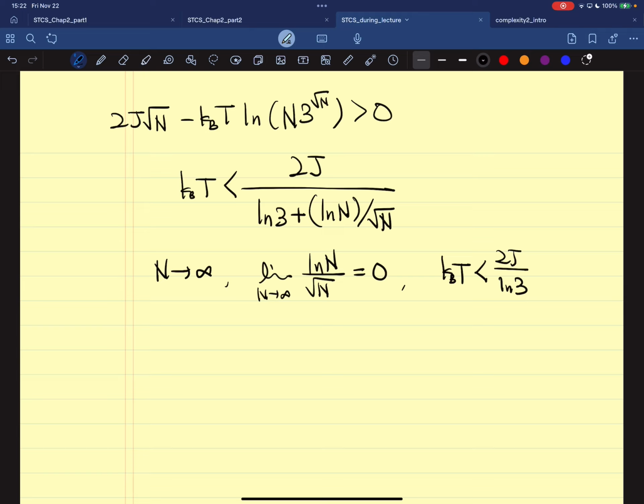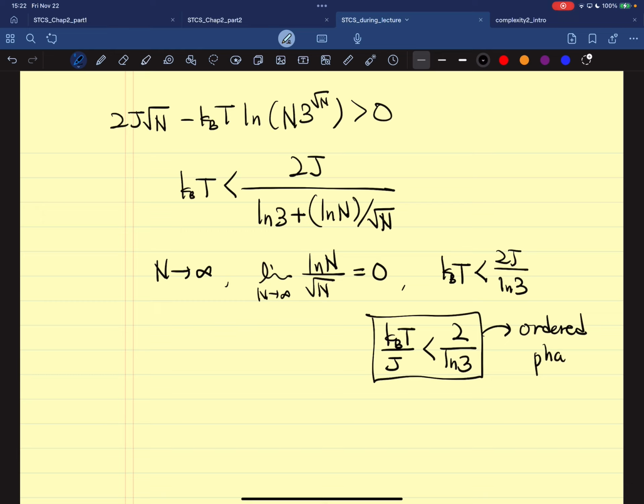So I will just put it like this, KBT over J. This condition guarantees the ordered phase.